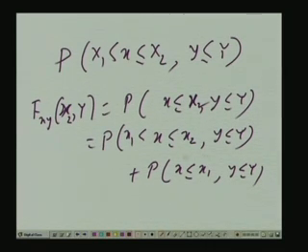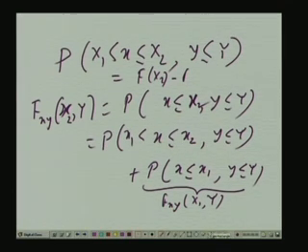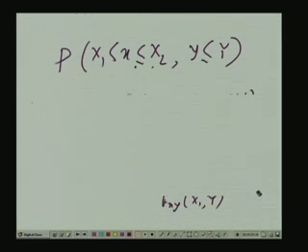And what is this? This is simply F of x1, y, which means this probability is nothing but F of x2 minus, sorry, in fact I can erase these.